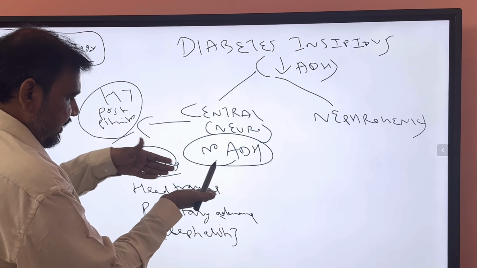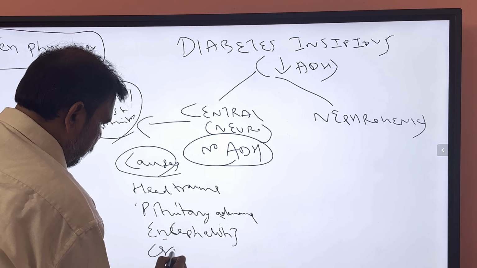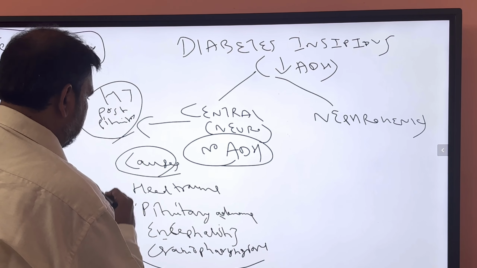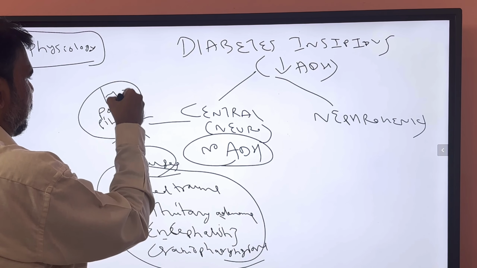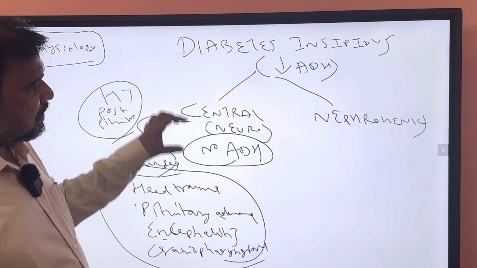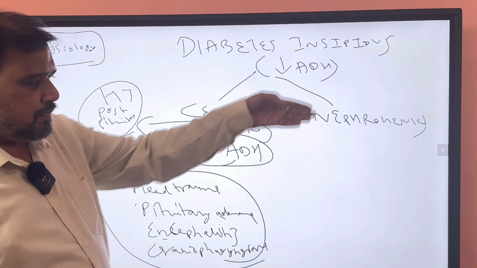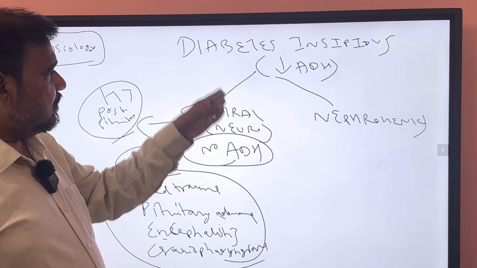In a case of any head injury, head trauma, pituitary adenoma, encephalitis, craniopharyngioma, all these are conditions which could cause a posterior pituitary or hypothalamus lesion. Then what will happen? ADH is not there. If ADH is not there, diabetes insipidus. But all these are concerned with the center, so it is central diabetes insipidus.